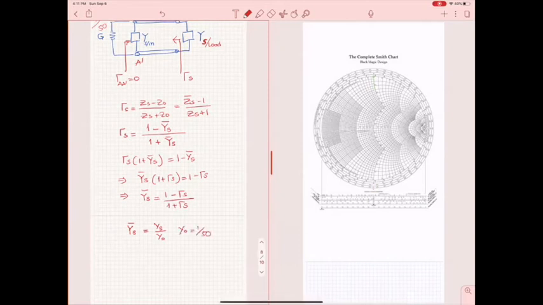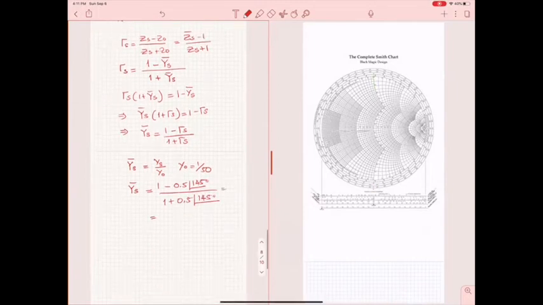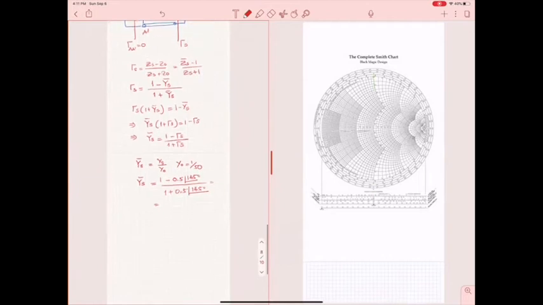And this ys normalized is going to be 1 minus 0.5 square root of 145 divided by 1 plus 0.5 square root of 145. Can somebody find that and let me know how much this is? If you have a calculator that can do that.